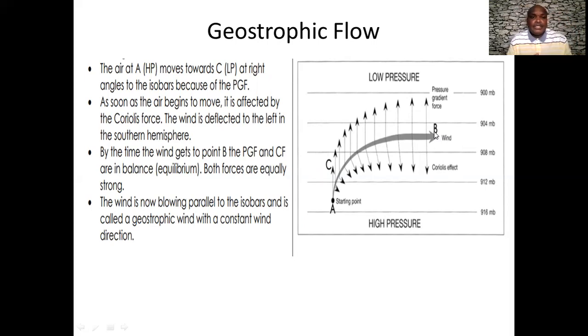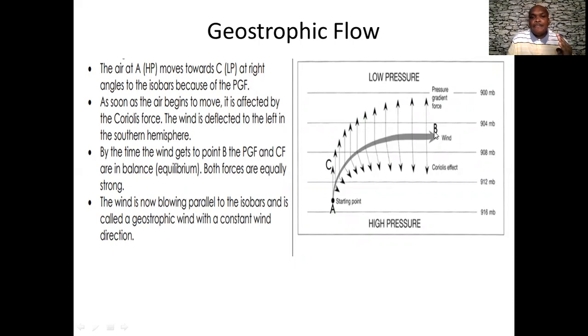You can see from this diagram that the air at A is high pressure. It moves toward C, which is low pressure, at right angles to the isobars, because of the pressure gradient force. The pressure gradient force is the one that causes the air to move from high pressure to low pressure. As soon as the air begins to move, it is affected by the Coriolis force.